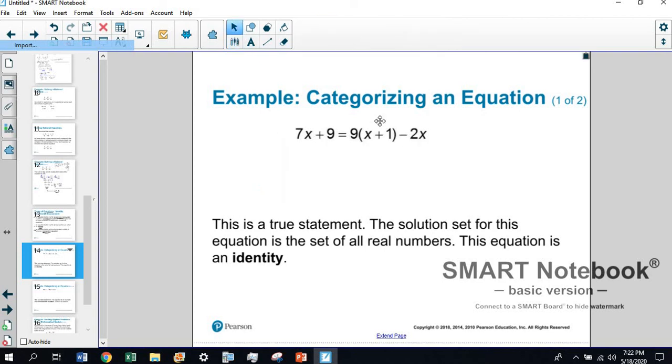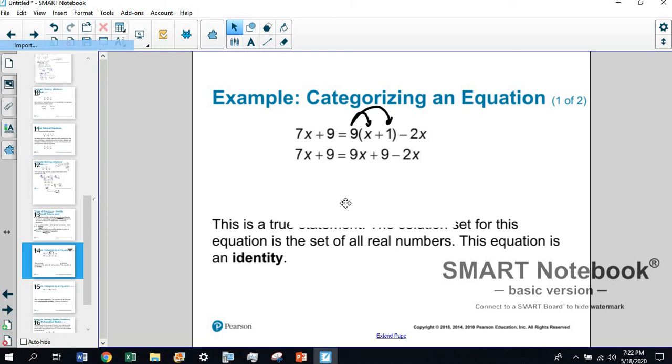All right, an identity looks like this, where we start off with 7x plus 9 equals 9 times x plus 1 minus 2x. If we take this 9 and distribute it, then what do you get? You end up with 7x plus 9 equals 9x plus 9 minus 2x.